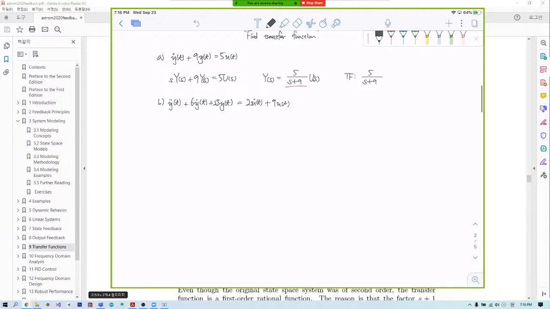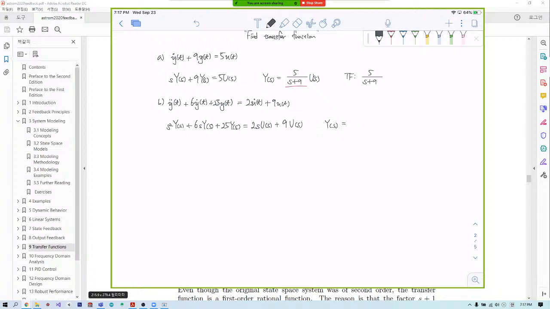Again, we take the Laplace transformation of this entire equation and we're going to be left with s squared times Y of s plus 6 times s times Y of s plus 25 times Y of s equals 2s times U of s plus 9 times U of s.